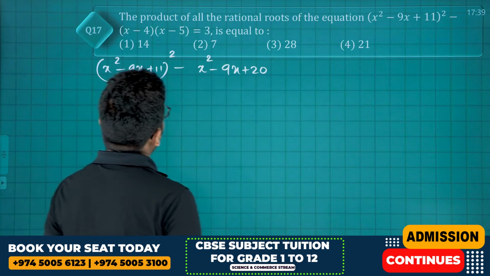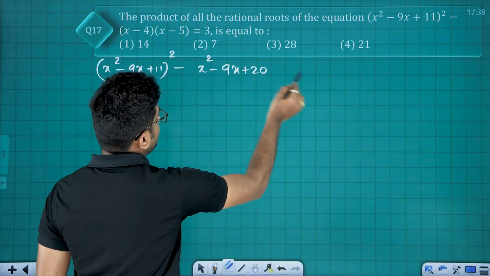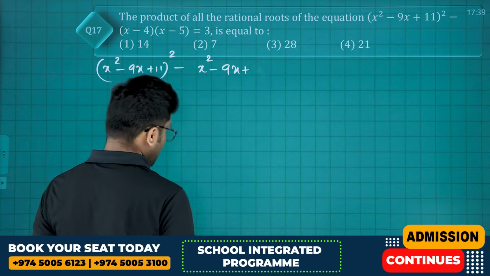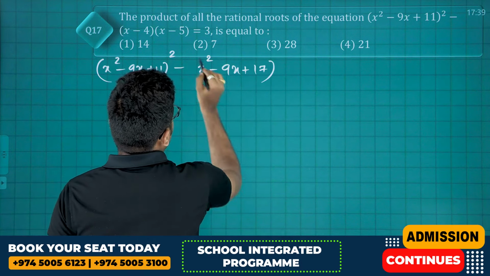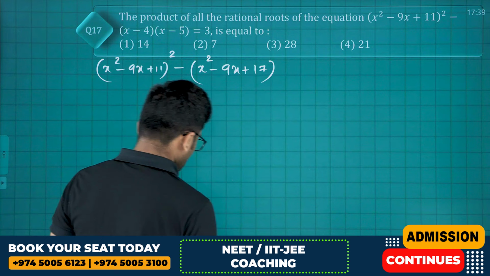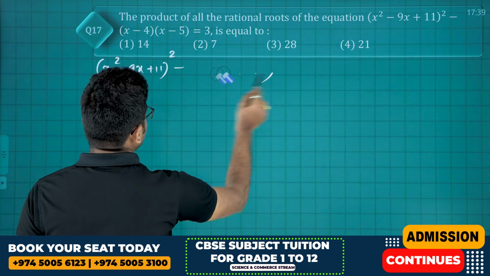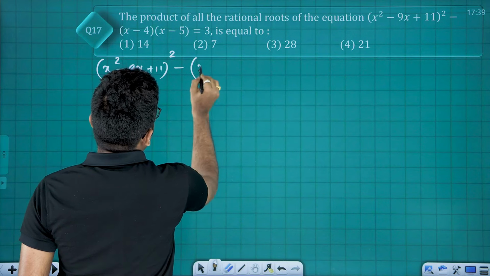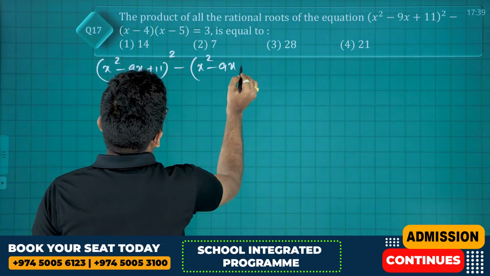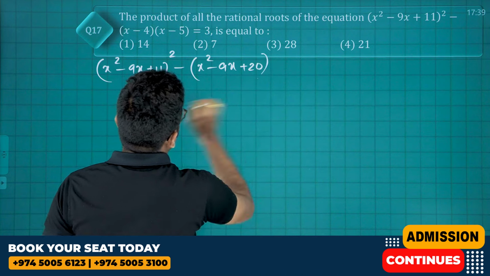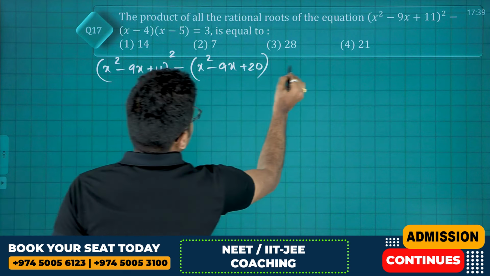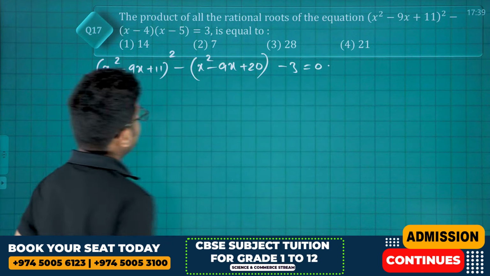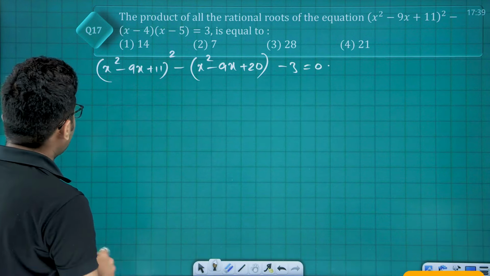Correct? 5 4s are 20 minus 3 is 17. No, sorry. So this will be x minus 4, that is nothing but x square minus 9x plus 20 whole minus 3 is equal to 0. This will be minus 23.